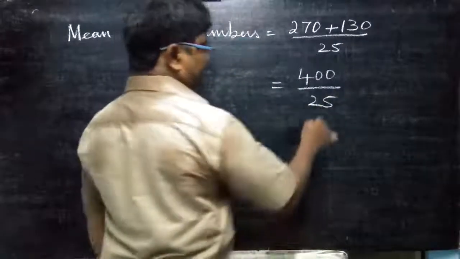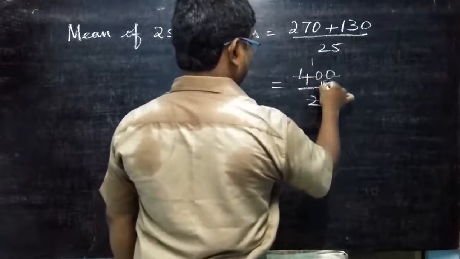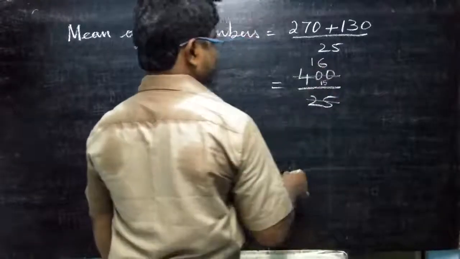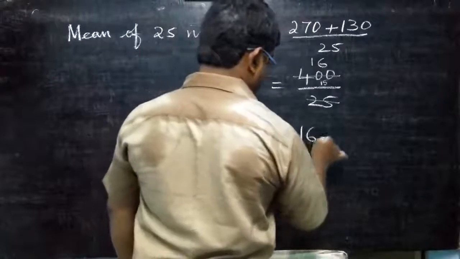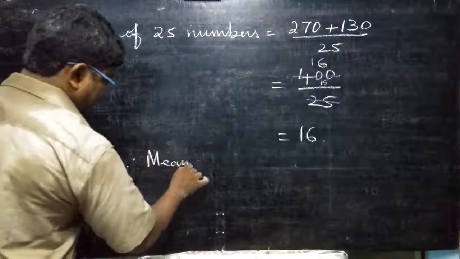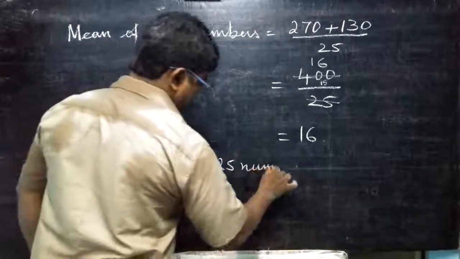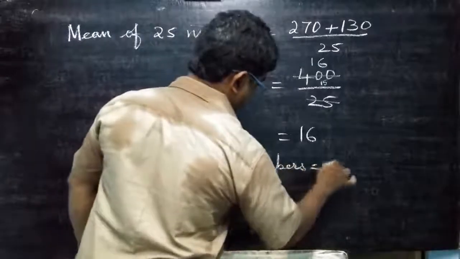The 25 table everybody knows: 25 ones are 25, 15 remaining, 150, so 25 sixes are 150. Therefore, the mean of 25 numbers is equal to 16. This is the answer.